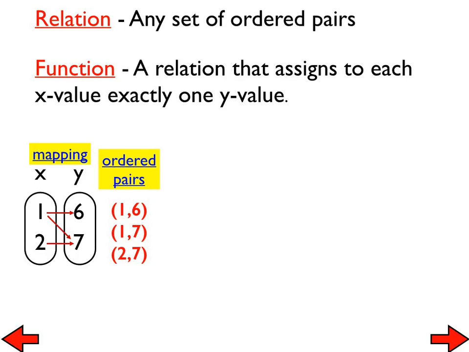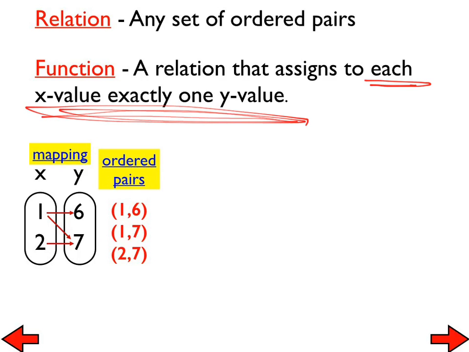Anybody know whether that's a function or not? Is it or is it not? This is what you have to go to: each x value has exactly one y value. Well, we have to be careful with that, because just because it's repeating 1 doesn't mean it may or may not be a function.